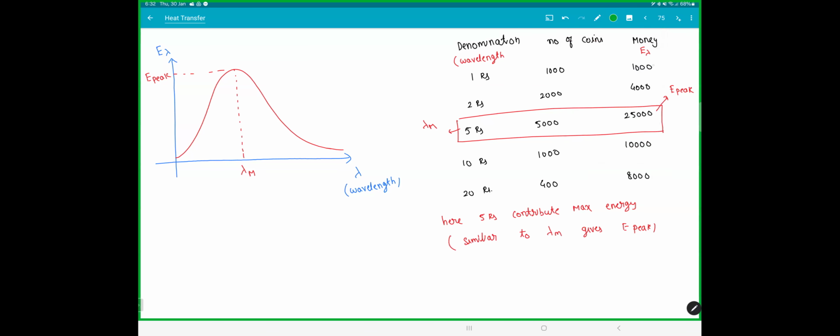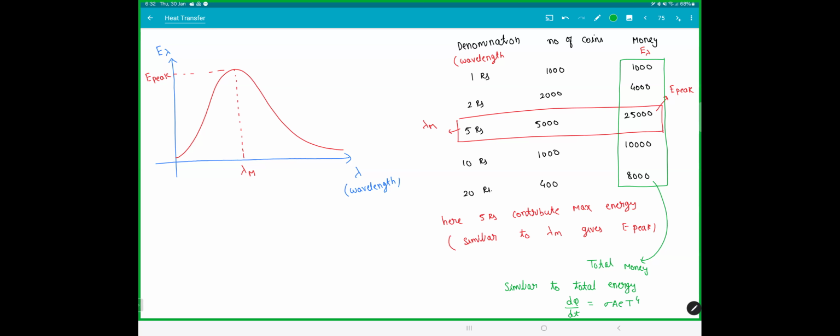Now tell me one thing, if I add all these E lambdas, what will I get? This will give you the total money, isn't it? This is similar to the total energy dQ by dt, which is sigma A e T power 4.